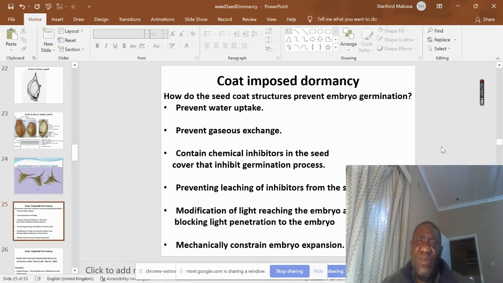The other issue could be just a physical prevention of the germination process. It's a mechanical constraint, this seed coat. It cannot allow the plumule to break it.